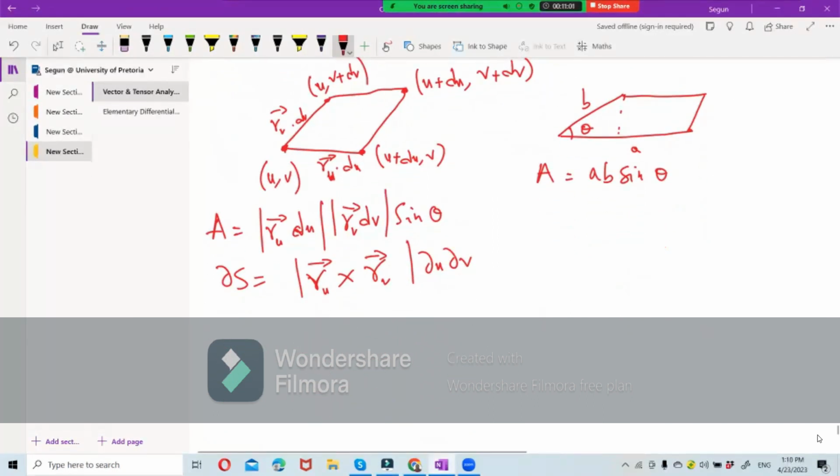So in this case, we are looking at the integral of f of x, y, z dS. I am just trying to lay the foundation.